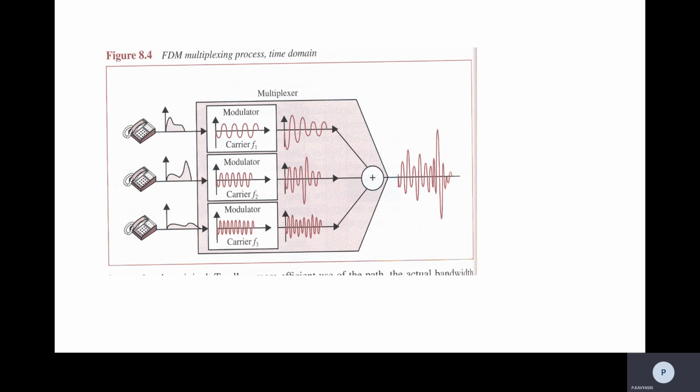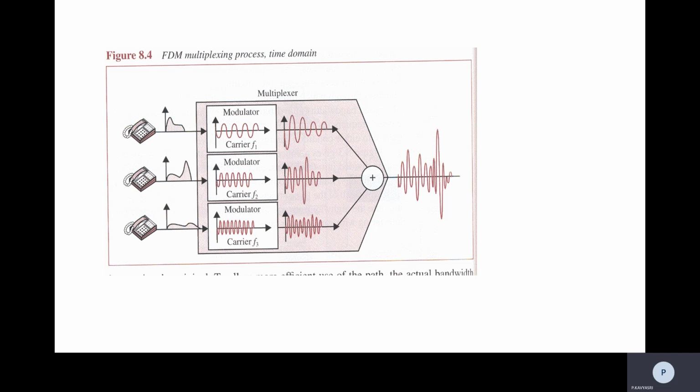For the first message signal, we give the carrier signal at a frequency of f1, for the second message signal, a carrier at frequency f2, and for the third message signal, a carrier at frequency f3. Then modulation takes place and we get some output. The three signal outputs are given to the summation. So this is about the transmission side of the FDM.